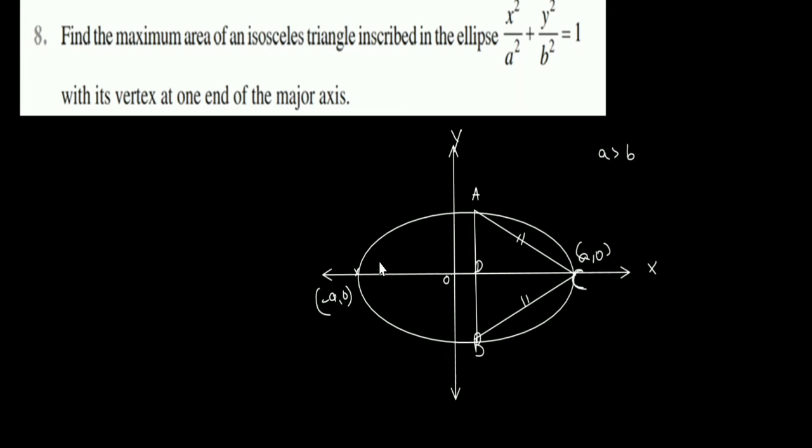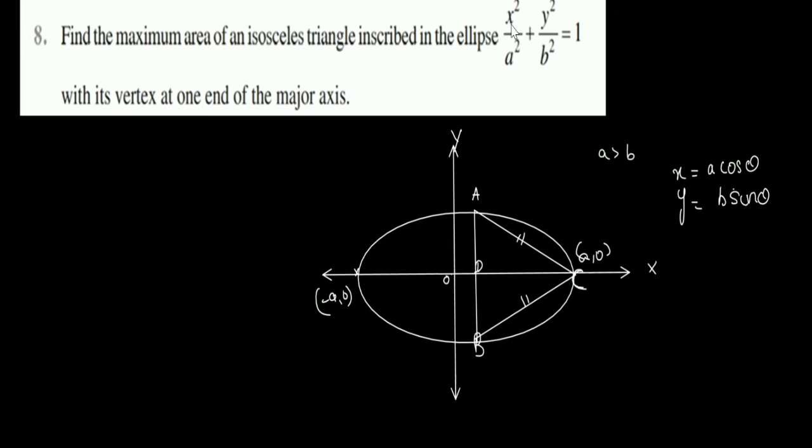And you also learned last year the parametric equation of an ellipse. If we use the parametric equation, it will be better. So the point x comma y, we can write x as a cos theta and y as b sin theta. This is called the parametric equation.